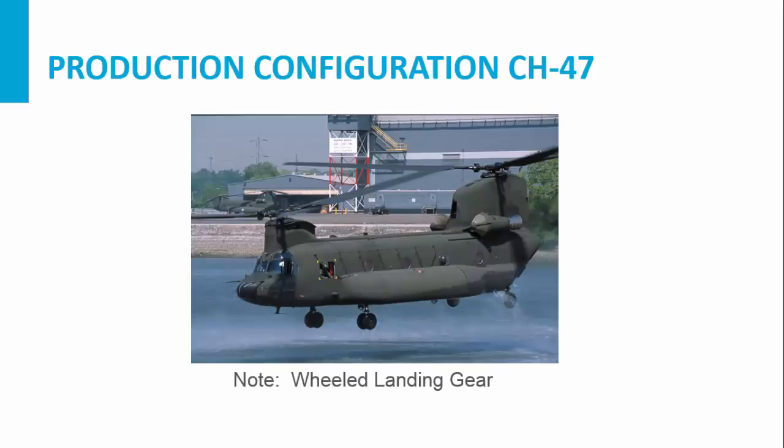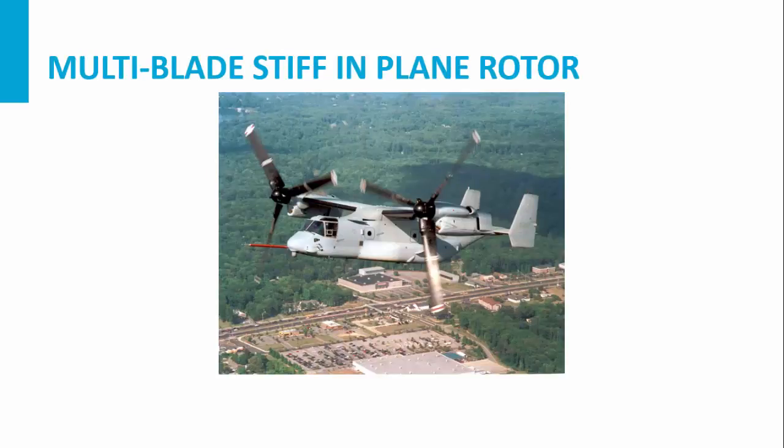Another example is the CH-47 where they used wheeled landing gear in order to raise the landing gear natural frequency above the rotor RPM. Multi-blade stiff in-plane rotors: going to the stiff in-plane rotors, so going to hingeless helicopters, it means that the ground resonance is not a problem.